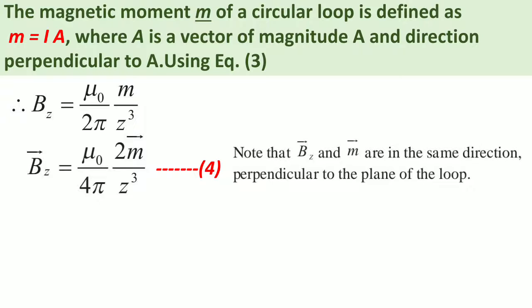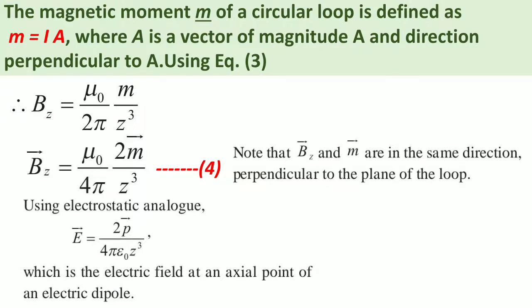Now, note that vector of Bz and vector of m are in the same direction, perpendicular to the plane of the loop. Now, using electrostatic analog, if you remember the formula for E, that was 1 upon 4 pi epsilon naught 2p upon r cube, but here you can write z cube also.